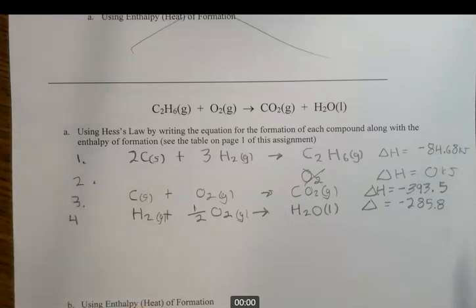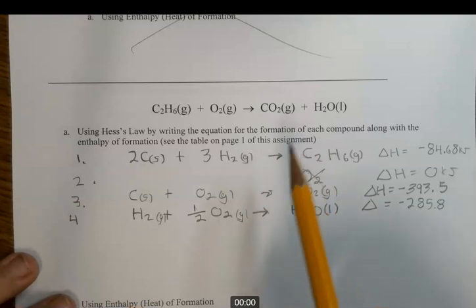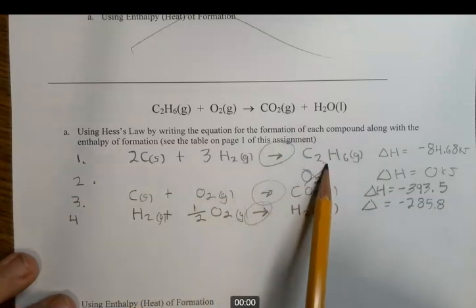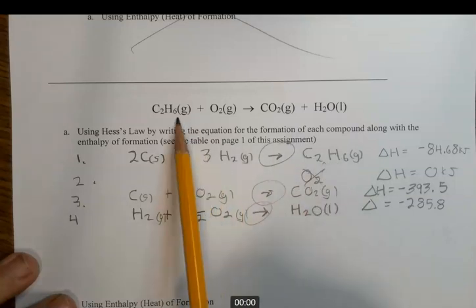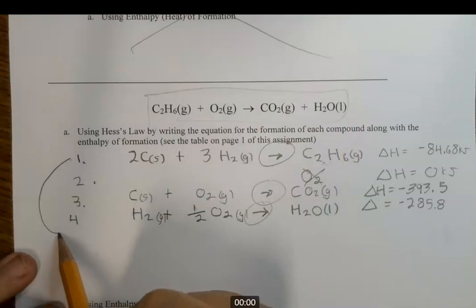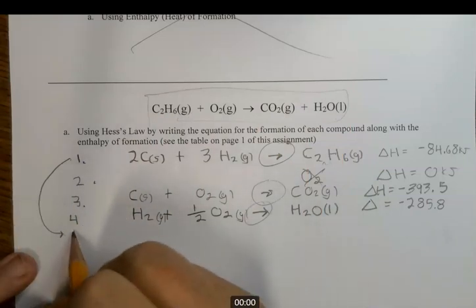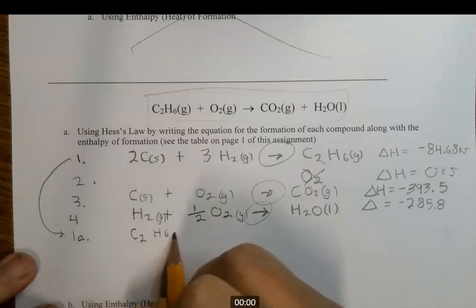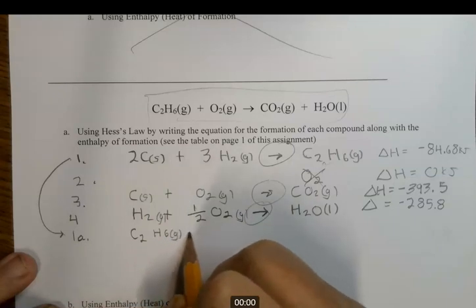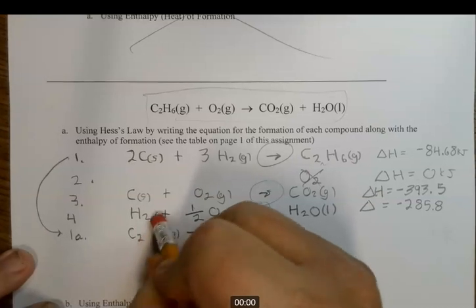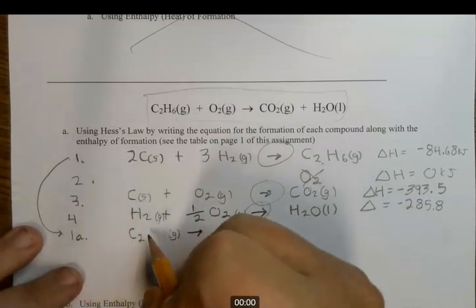Okay, so let's start arranging these. I like to circle the arrows so I'm clear which side is which. So on the right side of this equation we have C2H6, but it needs to be on the left side of our target equation. So I'm going to come down here and I'm going to reverse it. And we're going to call this 1A. More normally here, C2H6.